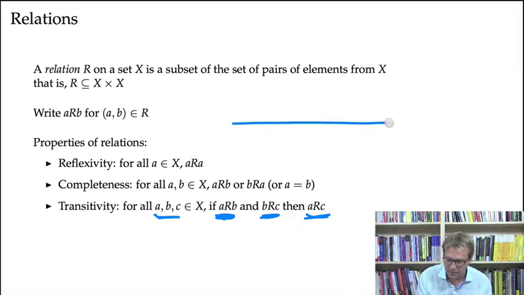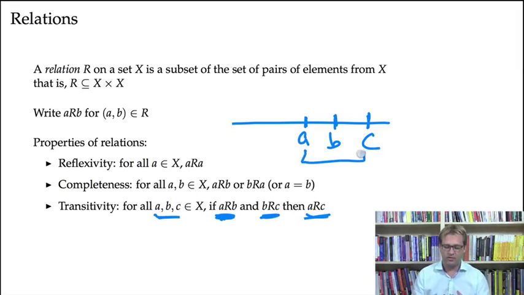If A is less than or equal to B, and B is less than or equal to C, so B is to the left of C, then it has to be the case that A is to the left of C. So if on the number line A is to the left of B and B is to the left of C, then A has to be to the left of C.